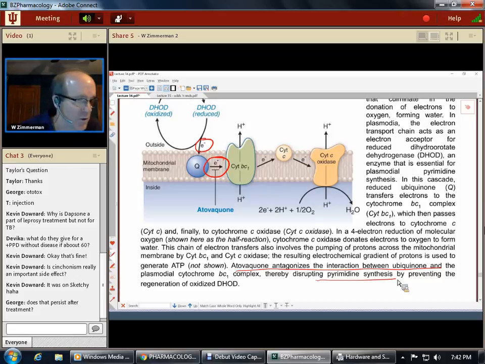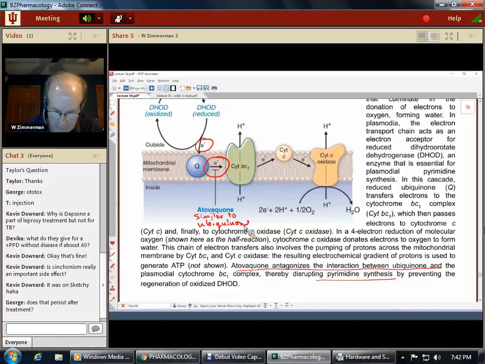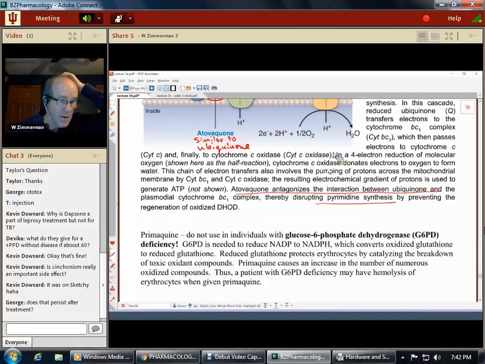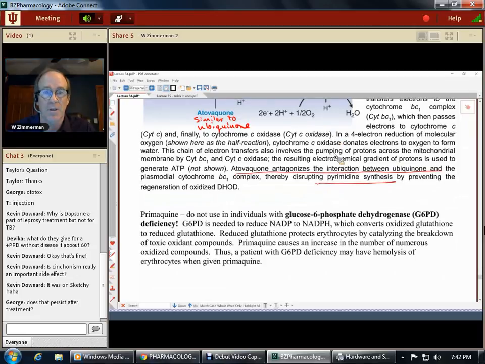So atovaquone has a very similar structure to the quinone or ubiquinone. So it's an analog to the ubiquinone. Primaquine, we're not sure of its mechanism of action.